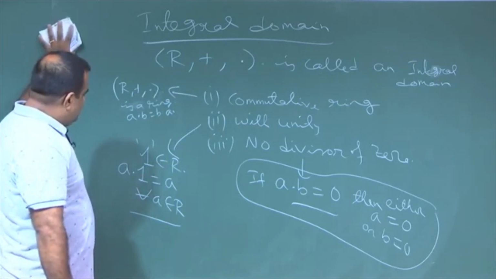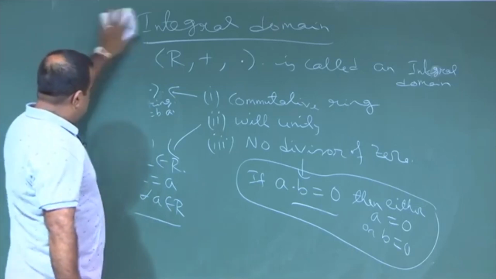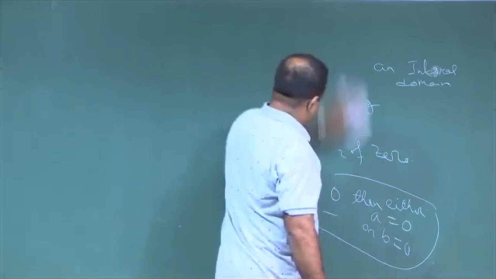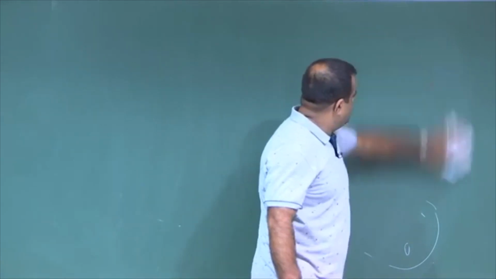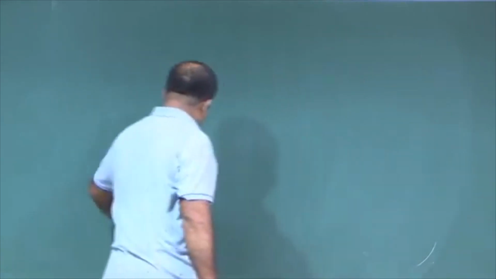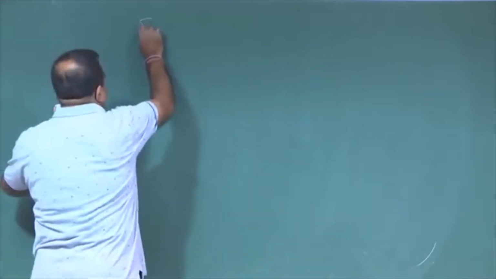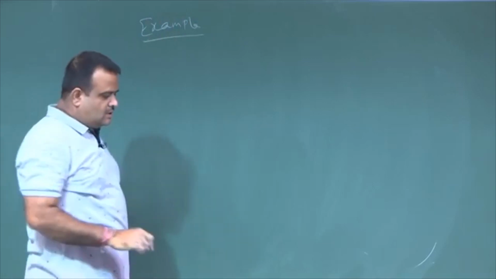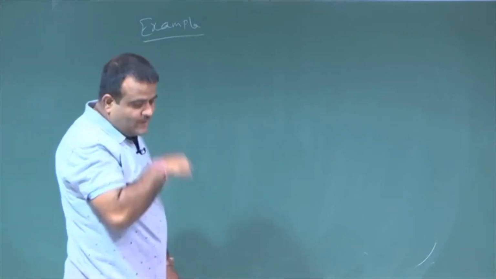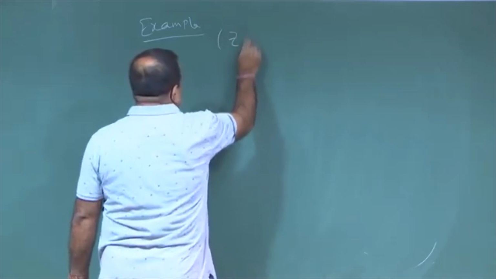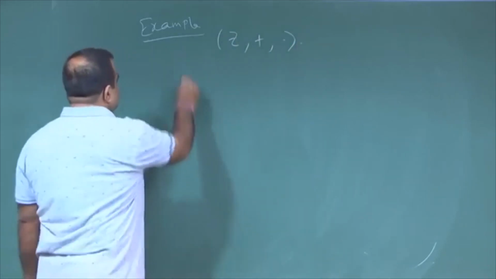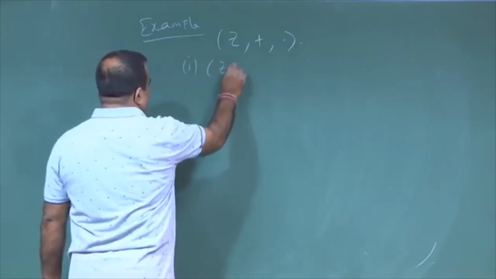So, now we can take some examples of the integral domain. Like Z, the set of all integers, this is an integral domain, because we know this is a ring.